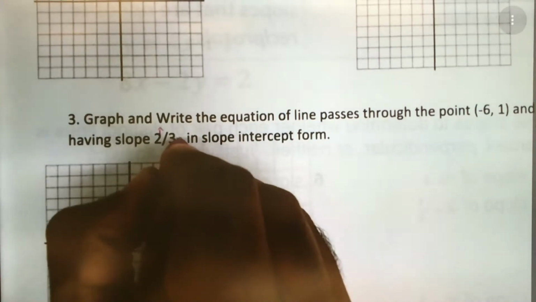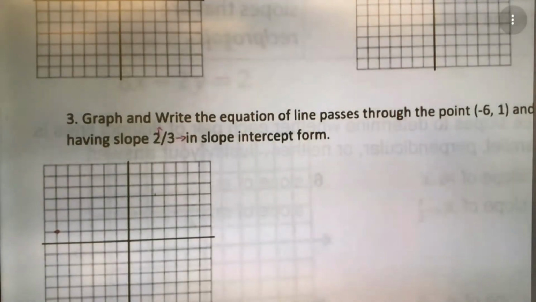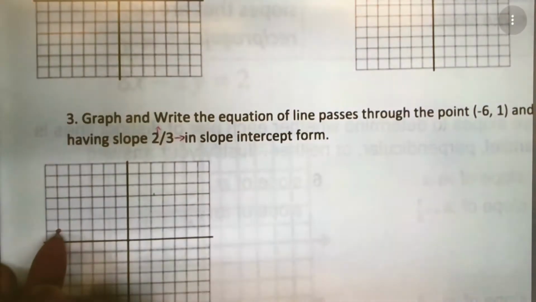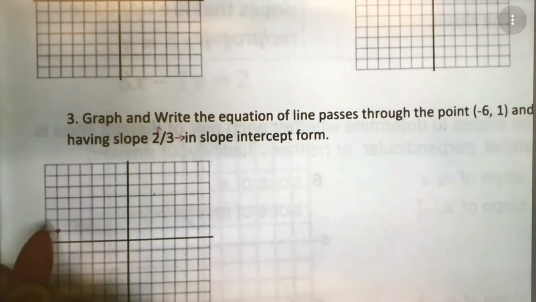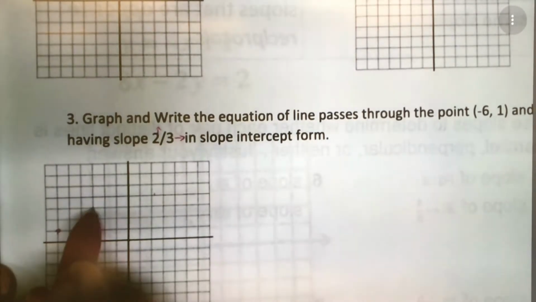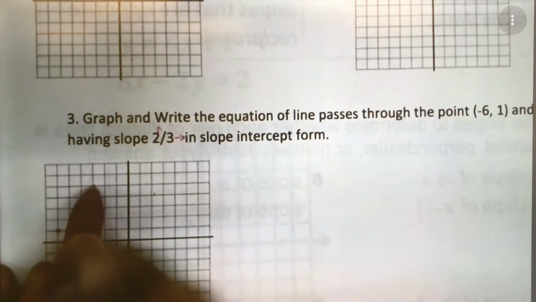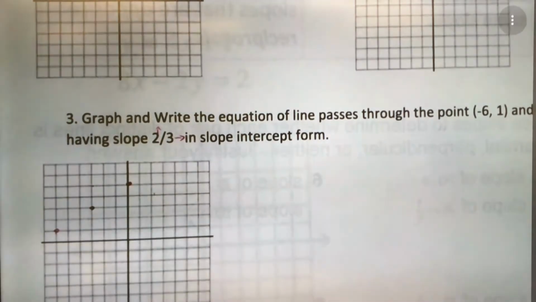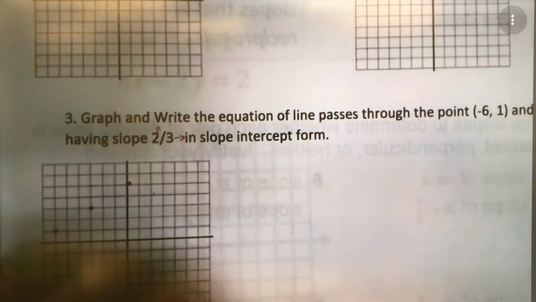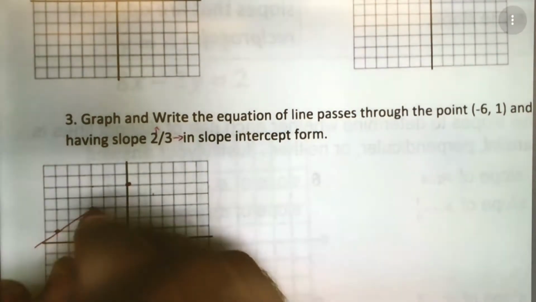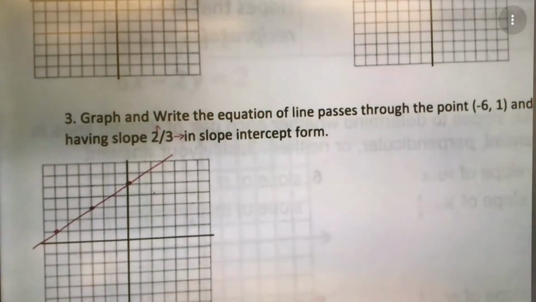That means I move 2 points up and 3 points over. That is the pattern here. From the given point negative 6, 1, 2 points up, 3 points over. Then draw a line connecting those points. That is the graph of the line.